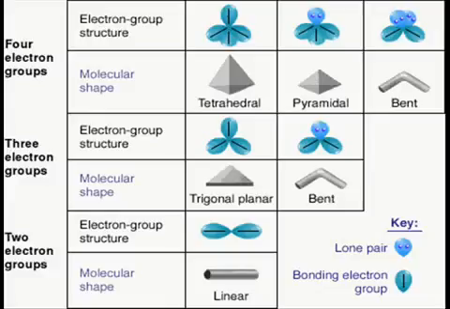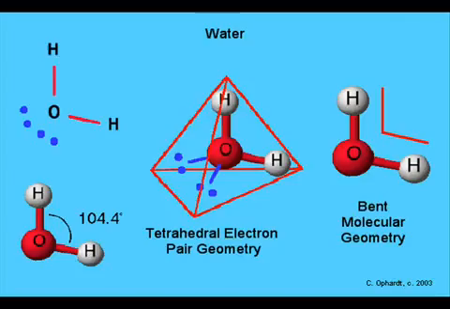Now we're going to start talking about 2 particular shapes, the trigonal pyramidal and the bent one. These two do have electron geometry as well as molecular geometry. In the bent shape, you have your central atom, and then you have 2 other atoms around it, and you also have 2 electron lone pairs.